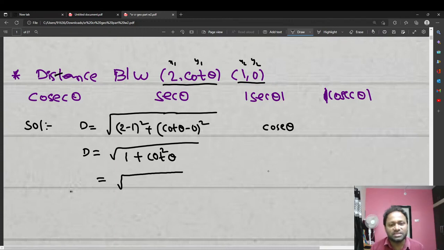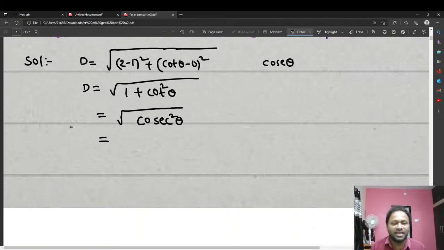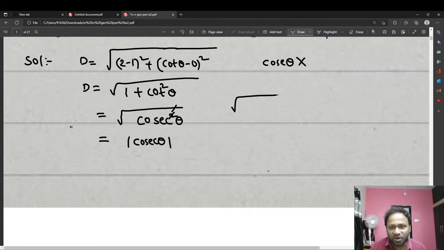Now 1 plus cot square theta is nothing but cosec square theta. So then the square root will cancel. The answer will be cosec theta, but it is in modulus. Not cosec theta, it is mod cosec theta, because we have the square root of cosec square theta.